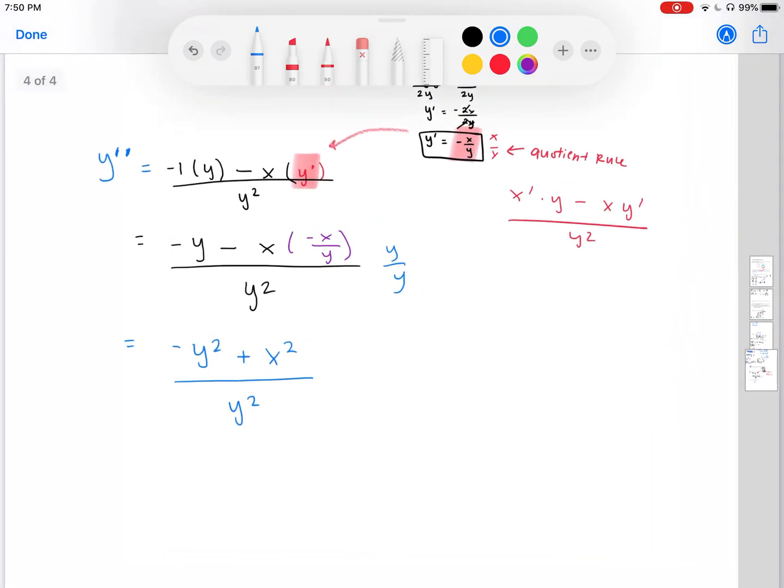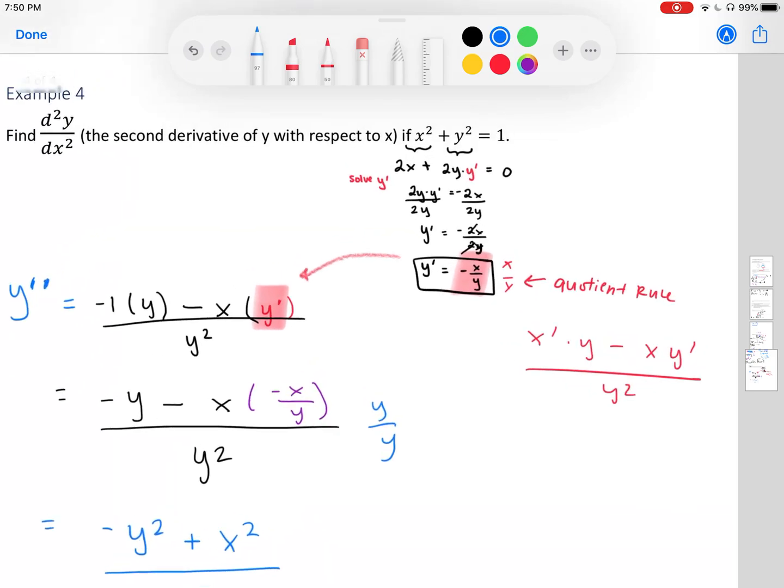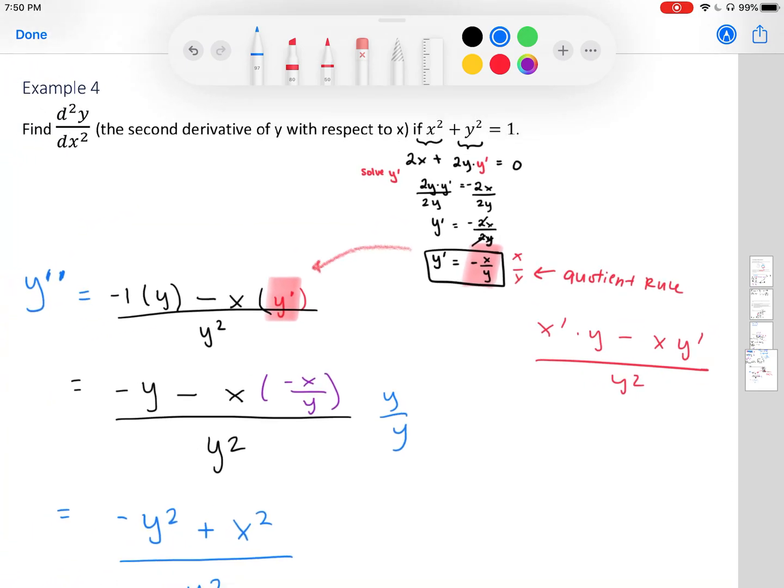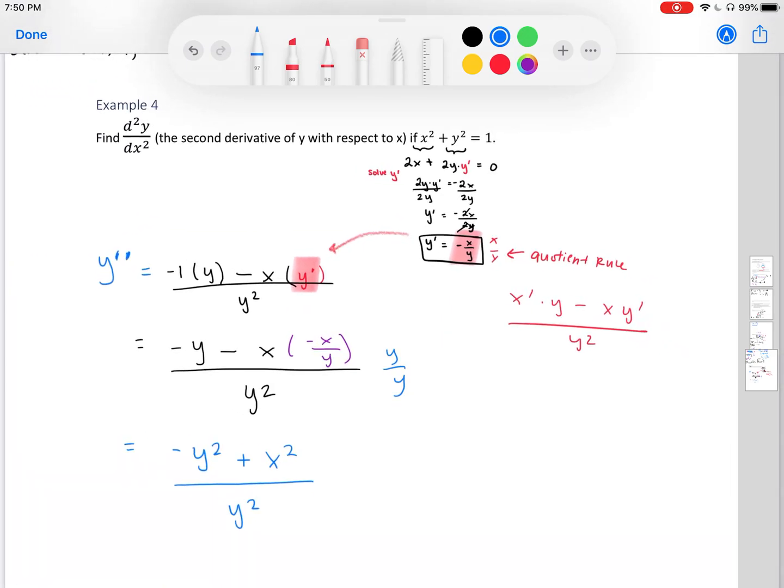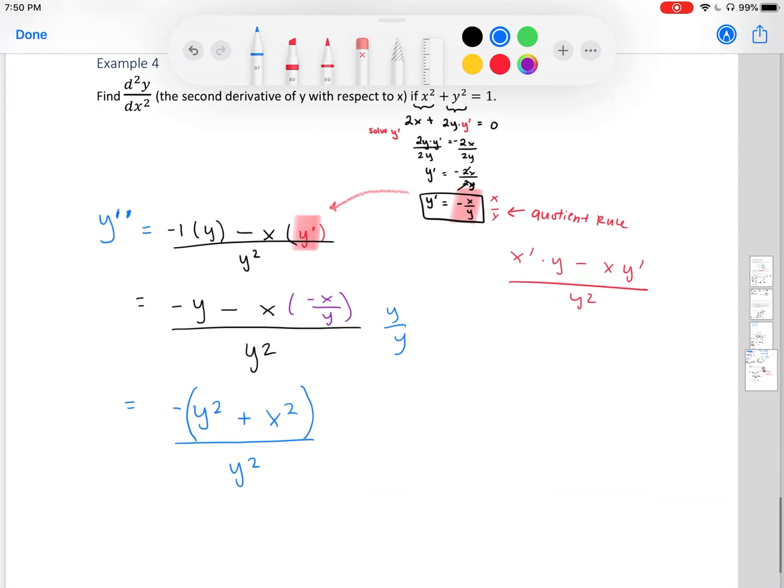We're almost done. But what is x squared plus y squared equal to? x squared plus y squared is actually just 1. So let's go ahead and replace that. x squared plus y squared, let's replace it with what it's equal to, which is a 1.